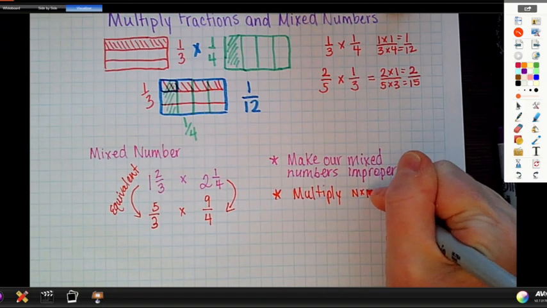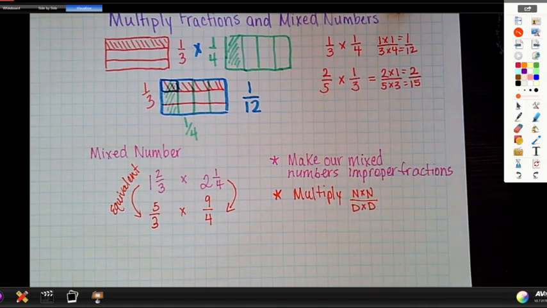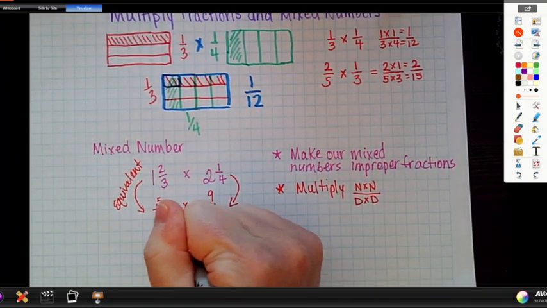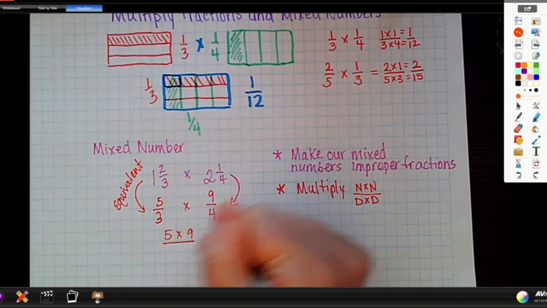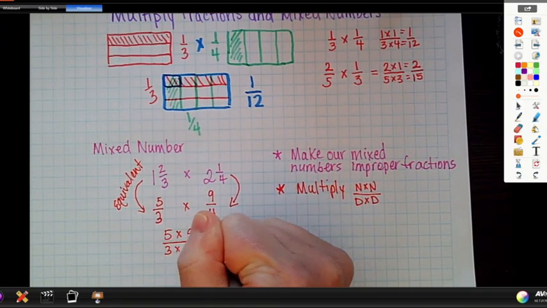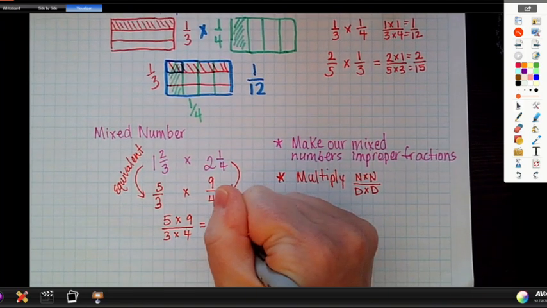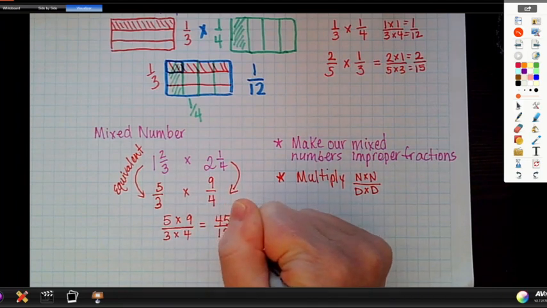Okay, now we can multiply. Numerator times the numerator, denominator times the denominator, just like we did up top here. So I have 5 times 9 over 3 times 4. All right, 5 times 9, 45. 3 times 4 is 12.